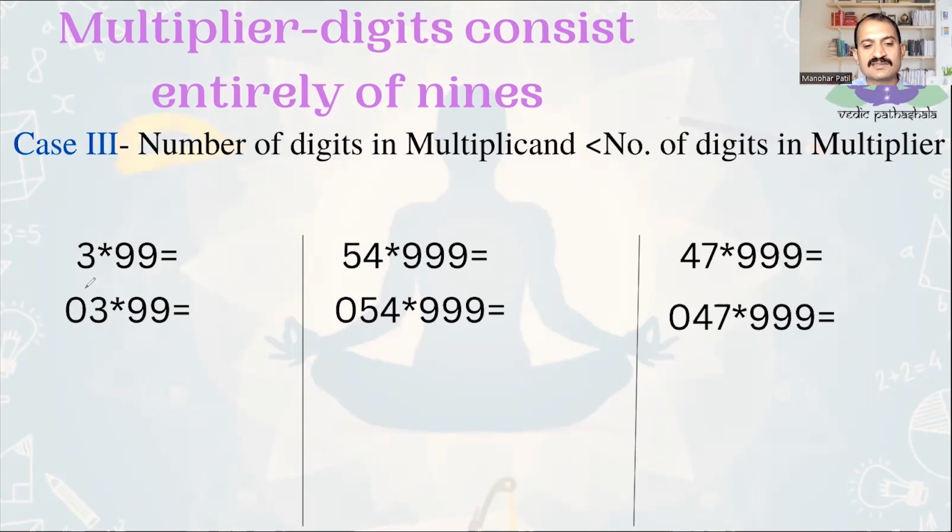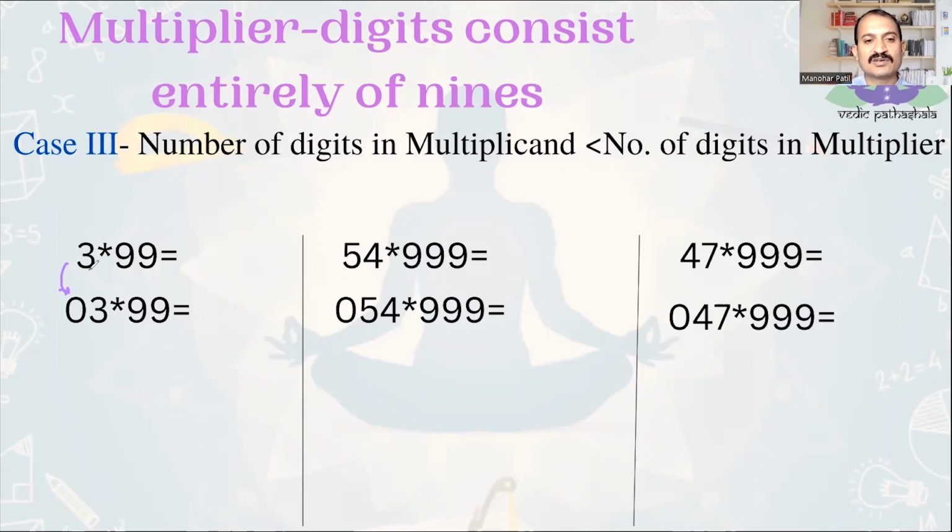So if you are asked to multiply 3 into 99, you can write 03 into 99. Just convert 3 into 03. Why are we converting this? Because we have seen the first rule: number of digits in multiplicand is equal to number of digits in multiplier. So just to make the number of digits equal in multiplicand and multiplier, we are doing this transformation.